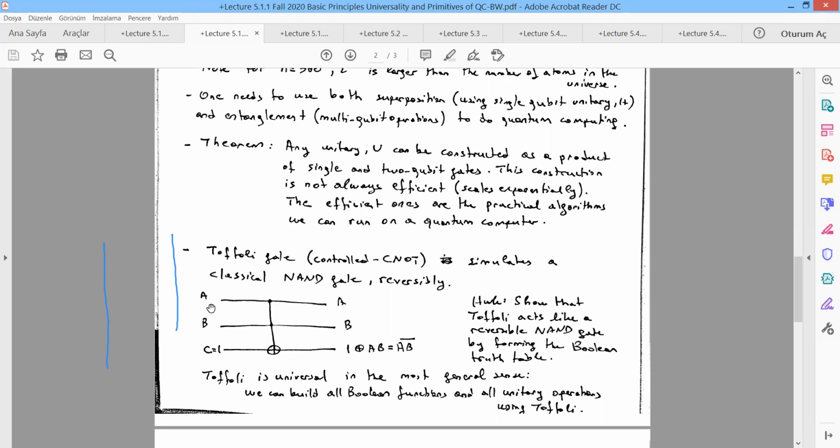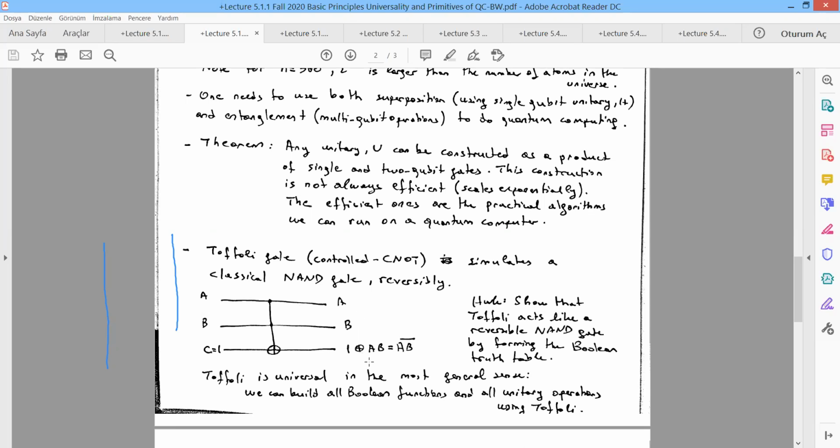A Toffoli gate has 3 inputs, A, B, and C. A and B are the control bits. C is the target bit. So A and B are transferred to the output as A and B, but the target bit becomes C exclusive or AB.